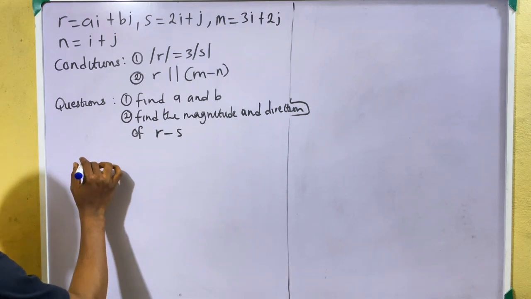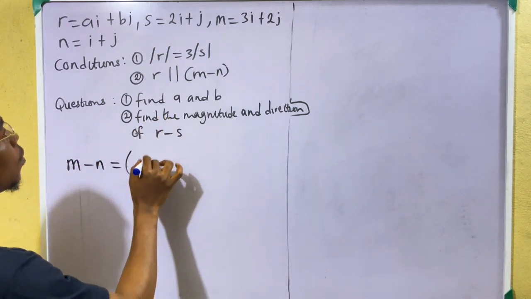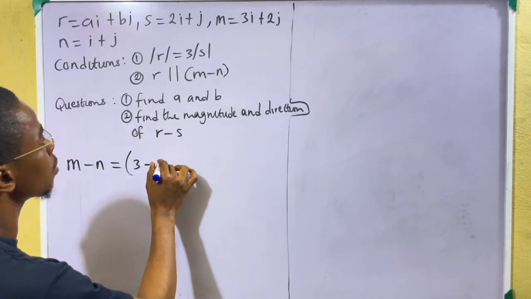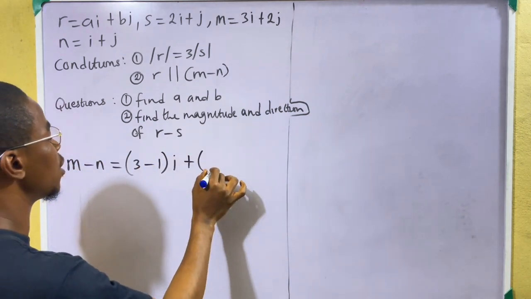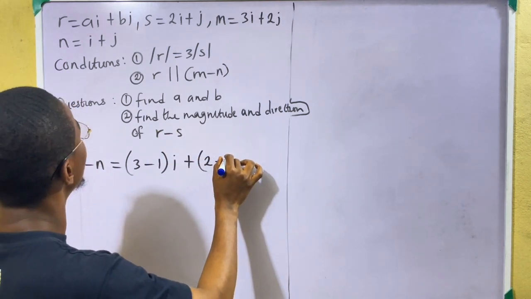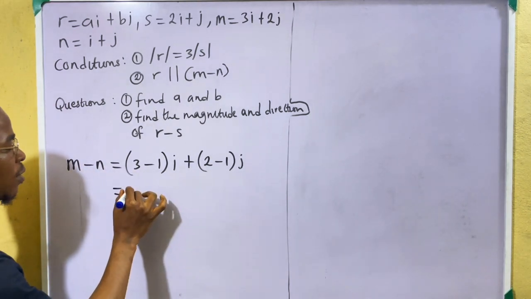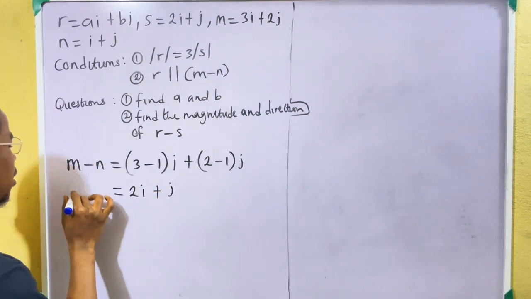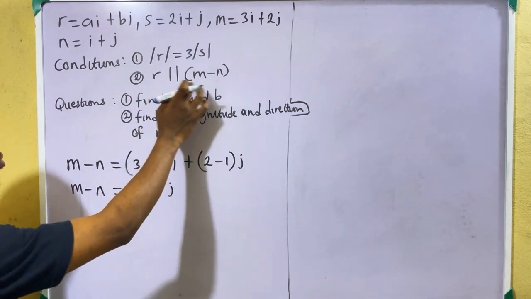We say m minus n equal to, and we have 3 for the i component minus 1, plus then for the j component we have 2 minus 1 j. If I subtract this, it gives 2i plus 1j, which is still j. That's m minus n. And it was said that r is parallel to this.